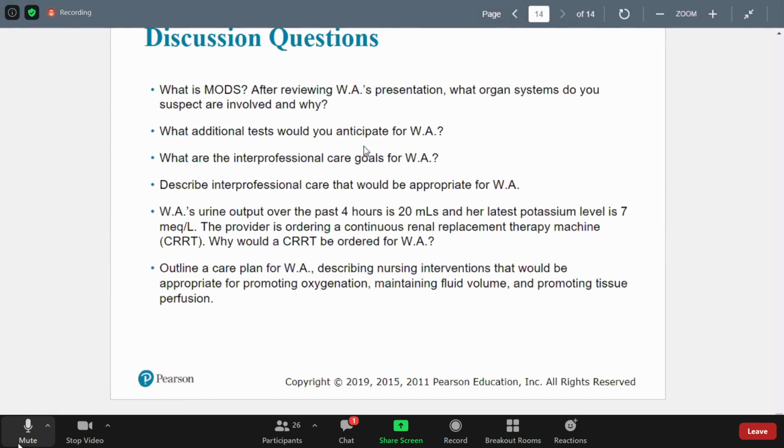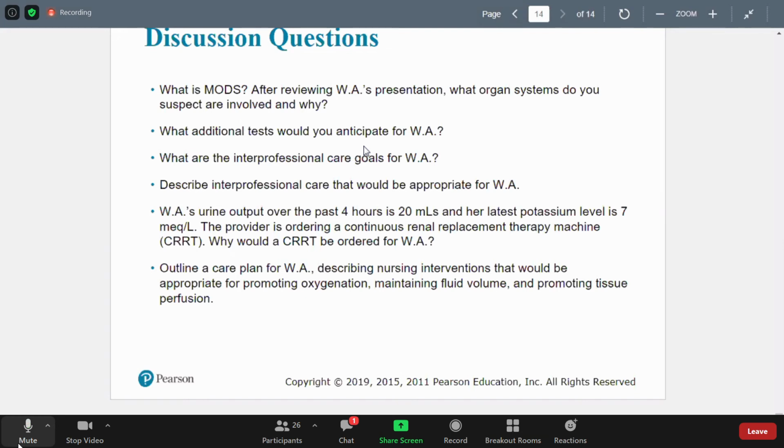Then she has hyperkalemia. How much was her potassium? 6.1. Hyperkalemia. Well, how will you reduce the potassium? It is very important to reduce the potassium because otherwise she is more at risk for dysrhythmias, right? Diuretics.